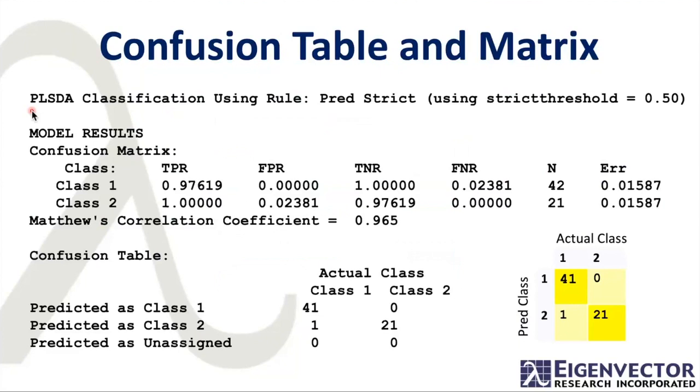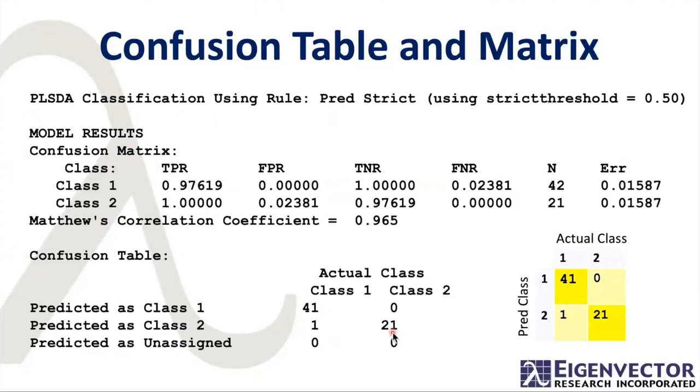On the upper half, you see the confusion matrix results. And in the lower half, it's what we refer to as the confusion table. That just shows a square box again for the actual class versus predicted class. In practice, I find this to be maybe the most convenient thing to look at when I've built a new model.